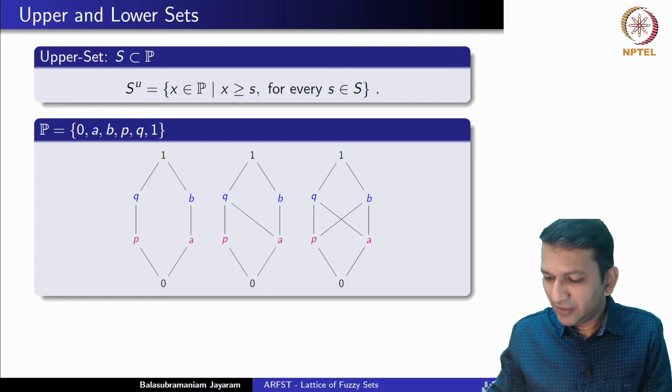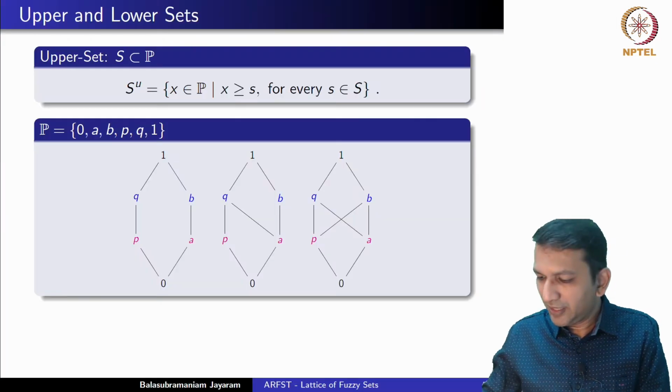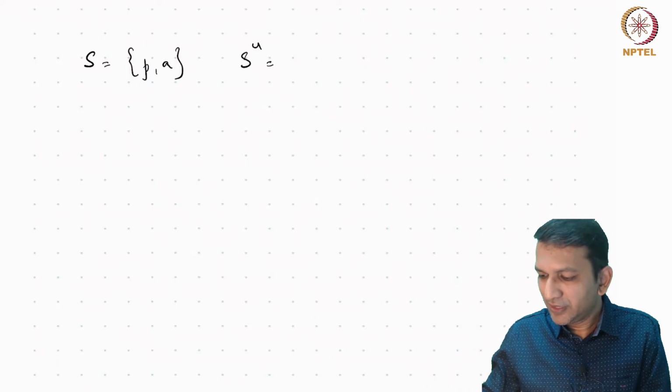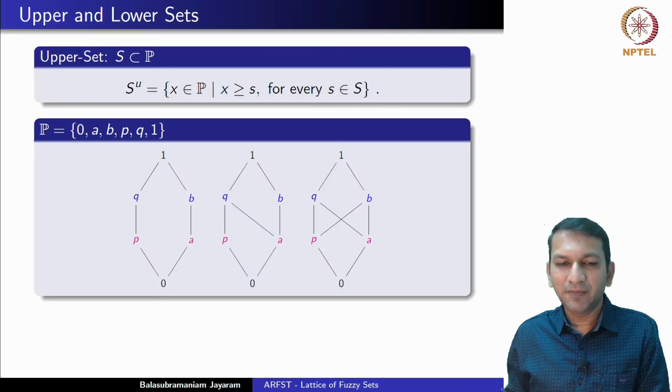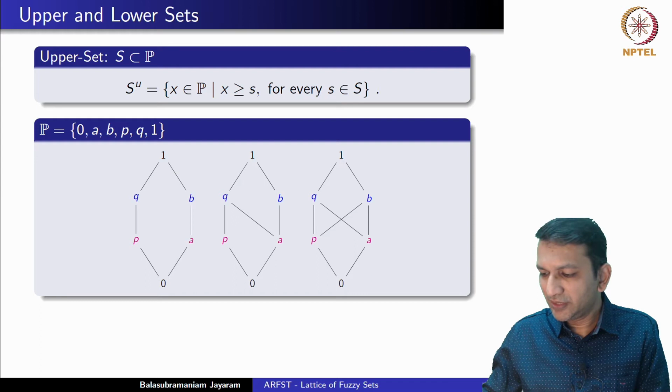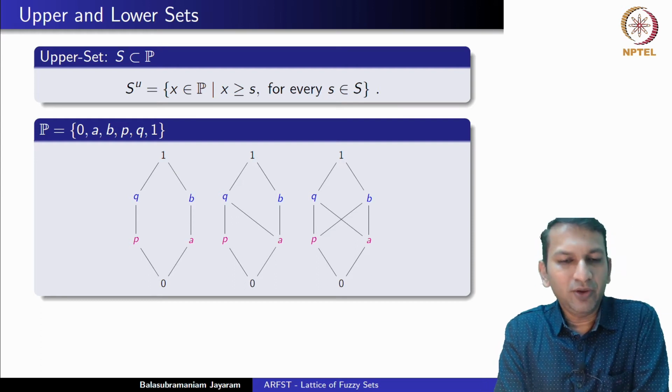If we consider the set S to be {P, A}, then S^U is the set of all x in P such that x is both greater than P and x is greater than A. Now from the poset we see that this is actually the singleton set {1}. Now recall, the way to read a poset is like this. We see that it is a graph.